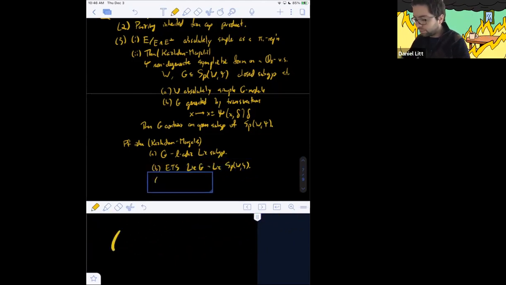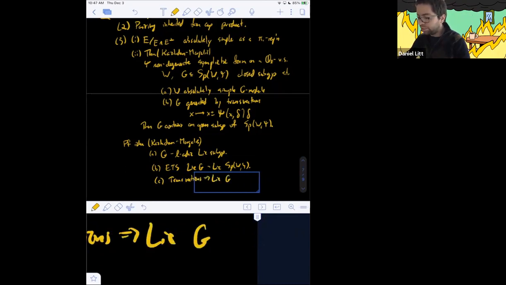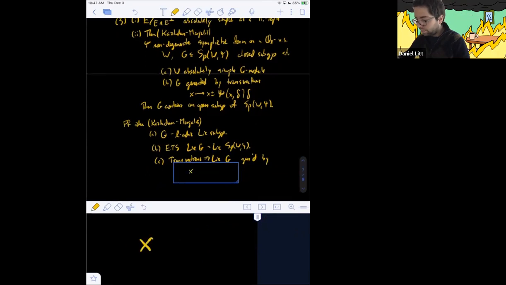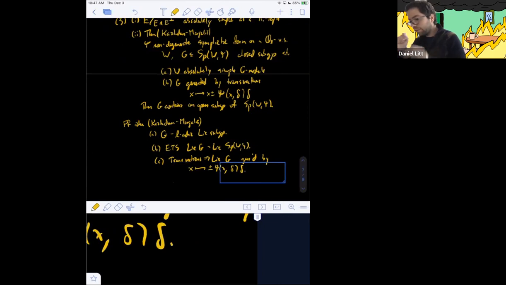Okay, and now the transvections imply that the Lie algebra of G, just by taking logarithms, is generated by x goes to plus or minus c(x, delta) delta. So this is just what you get when you take logarithms here.